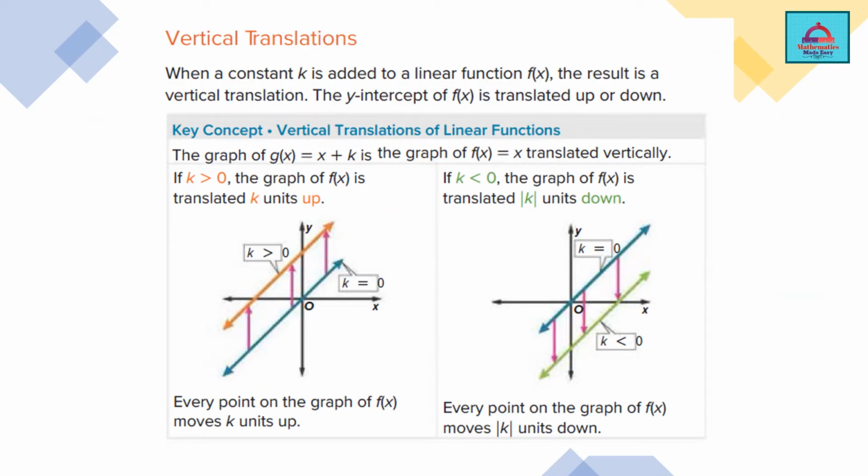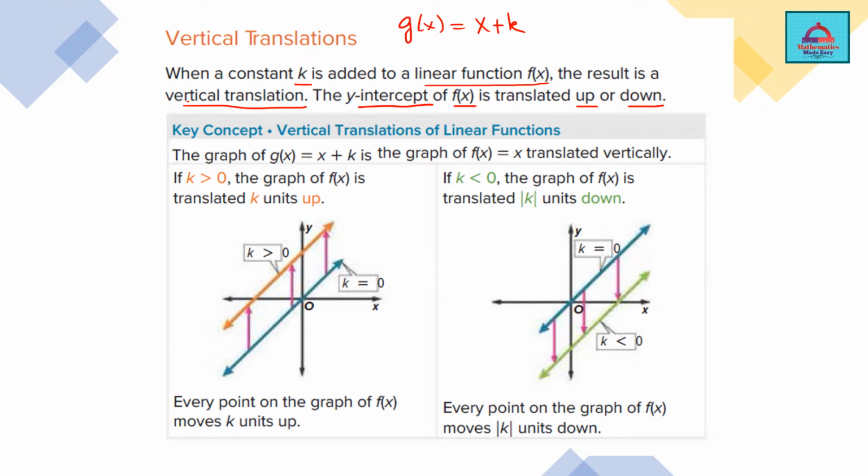Let's look at vertical translation. When a constant k is added to the linear function f(x), the result is a vertical translation. So as you have seen, g(x) would be x plus k. There is no grouping between x and k; k is separate. So the y-intercept of f(x) is translated up or down.